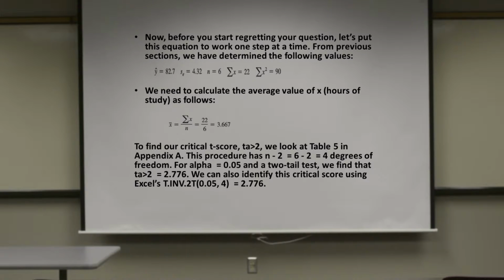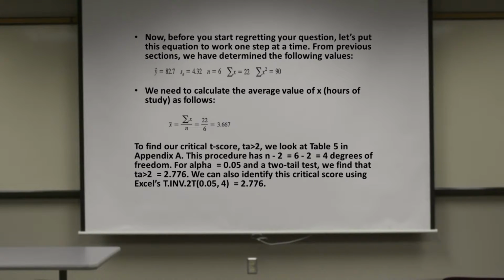To find our critical t-score, t alpha divided by 2, we look at table 5 in Appendix A. This procedure has n minus 2, which is 6 minus 2, equal to 4 degrees of freedom.